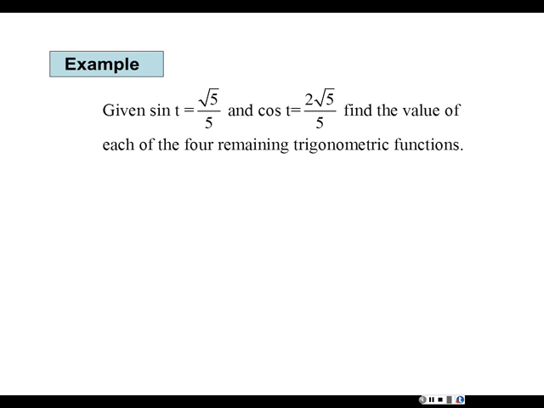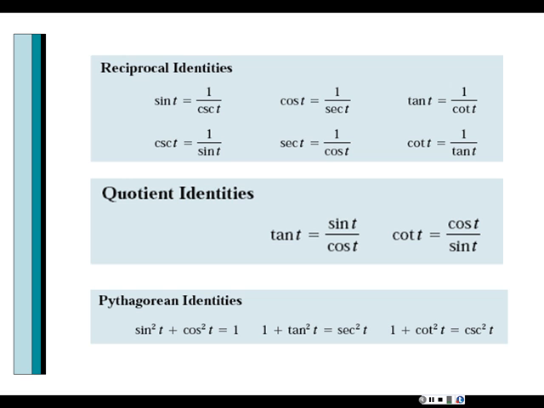So this is the sine and this is the cos, let's say this is given. Let's go back to those identities so that you can see what we are doing. Now let's say you have sine and cos, so you want to find tan first. It should not be a problem here.